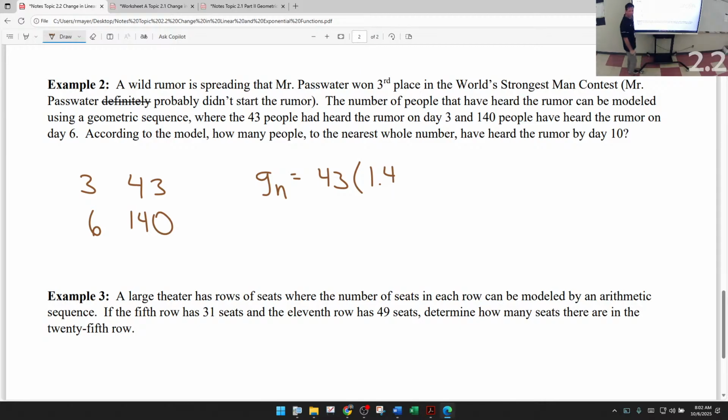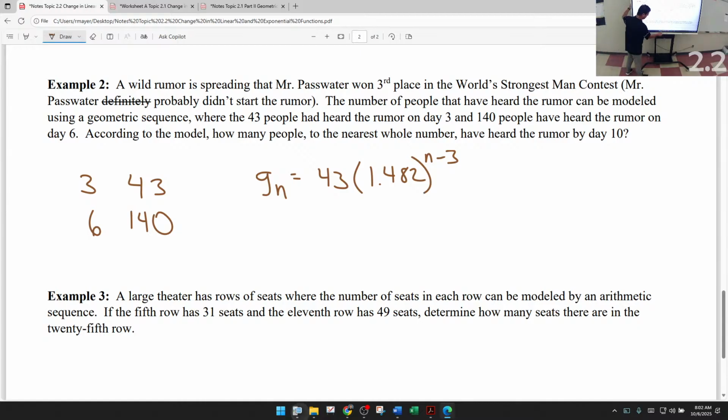How many decimal places do we have around in this class? Okay, I thought it was 3. Times R to the n minus 3. Everybody good? Now we're just plugging and chugging.